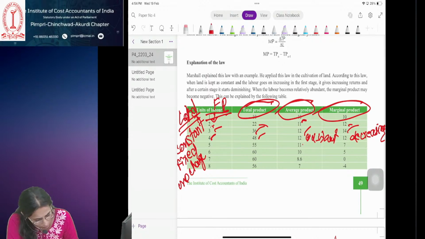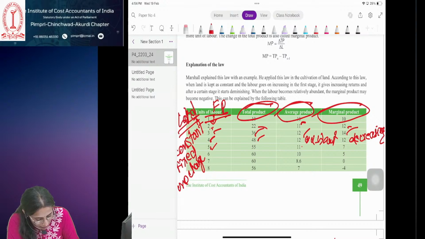Again, as we employ more labor units, 5, 6, 7, 8, what is the status? Total product is increasing, but marginal product is also increasing at a diminishing rate. And when the total product reaches the highest, that is 60, what has happened to the marginal product?